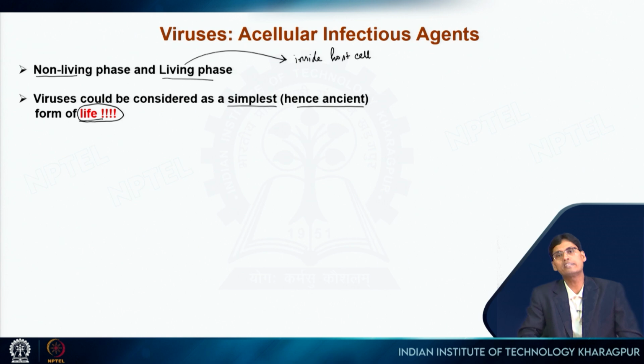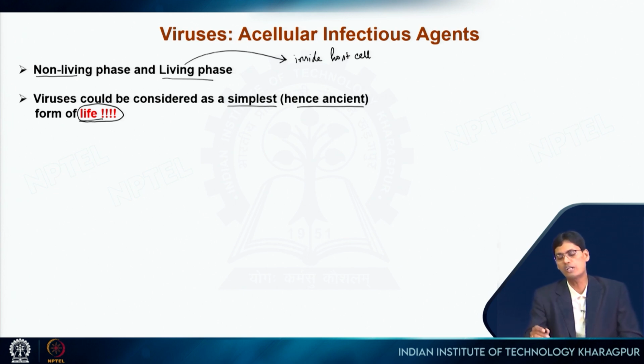But still, scientists believe that viruses are not as ancient as bacteria, because I already mentioned that viruses need a host in order to survive and multiply. So the host should have evolved even before the virus.